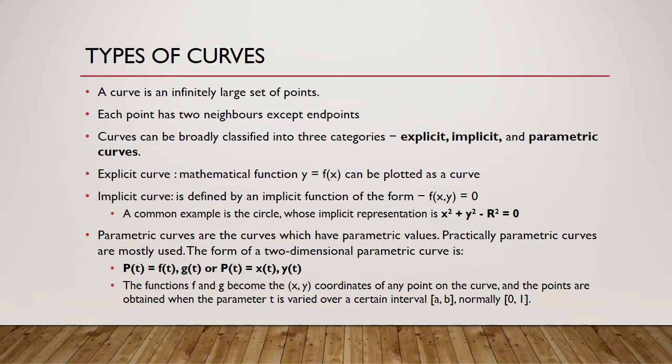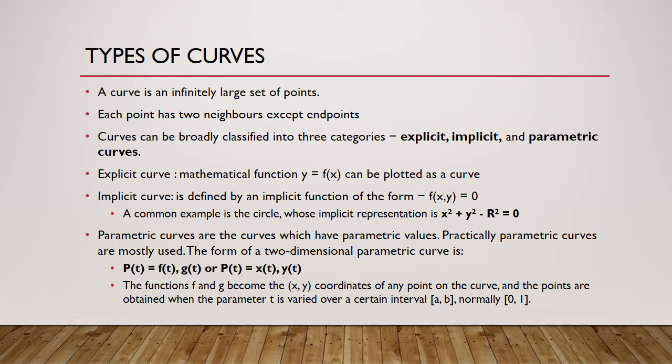Explicit curves are found by finding the function of x, from which you get the value of y. For implicit curves, you get a function of x and y equal to 0, for example the circle equation.